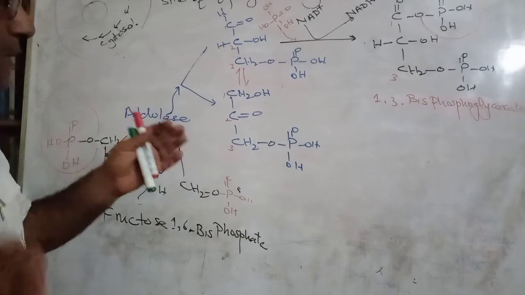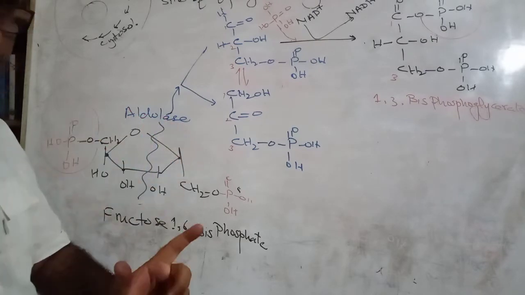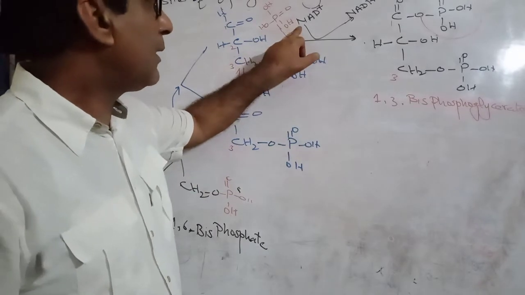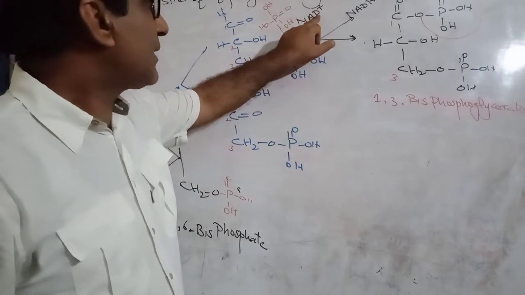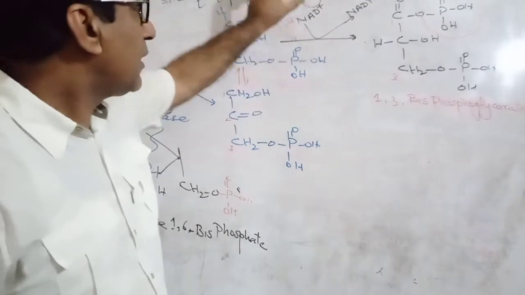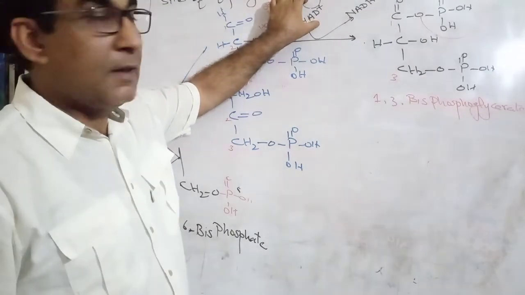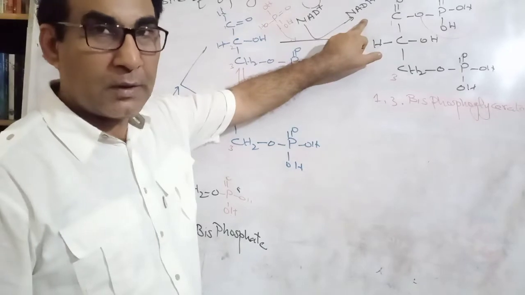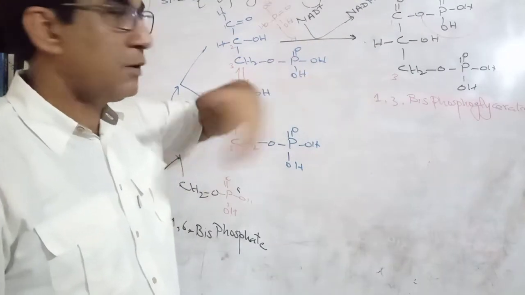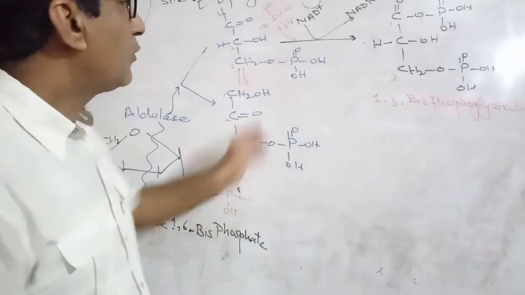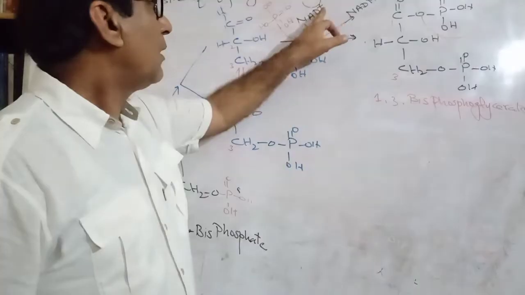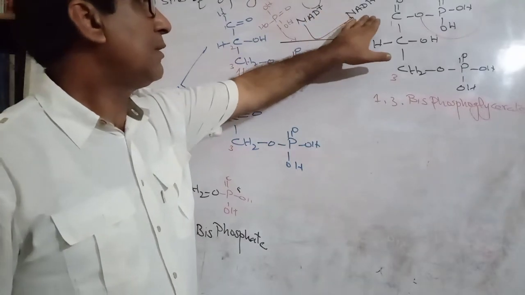In some other lecture, I told you people how NAD with the plus sign means the oxidized form, which is reduced. You can search that lecture on YouTube, and you will find the mechanism of formation of NADH.